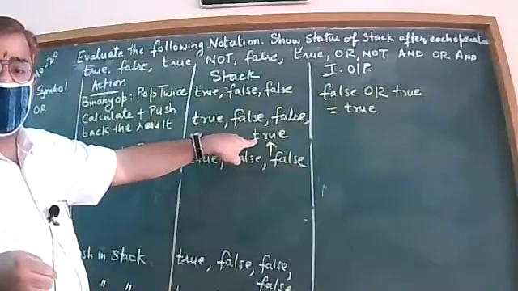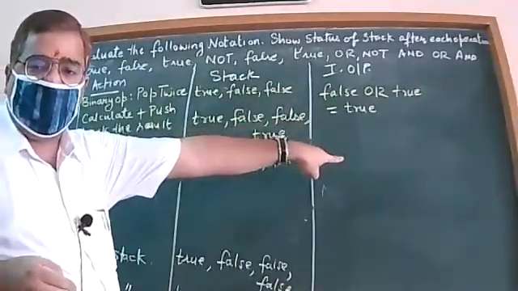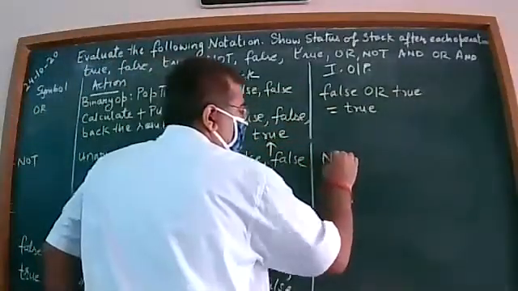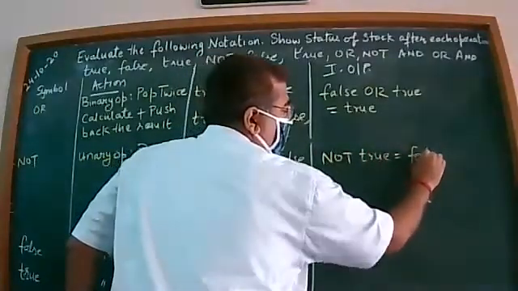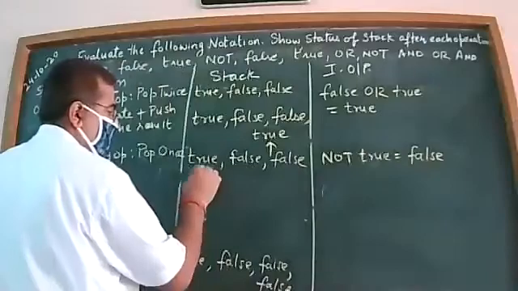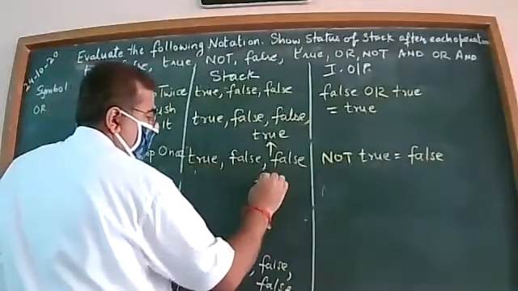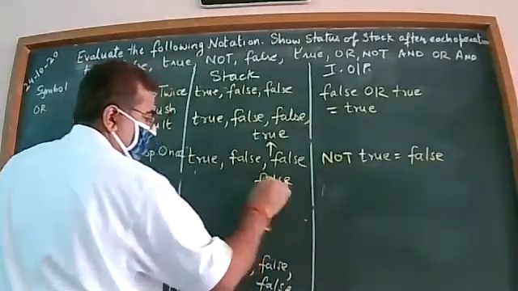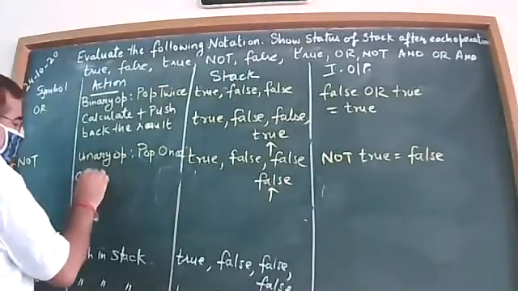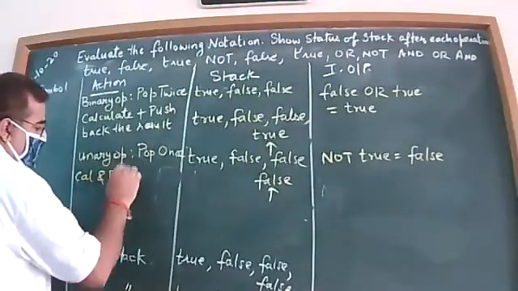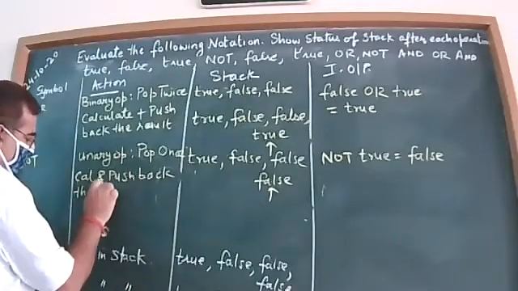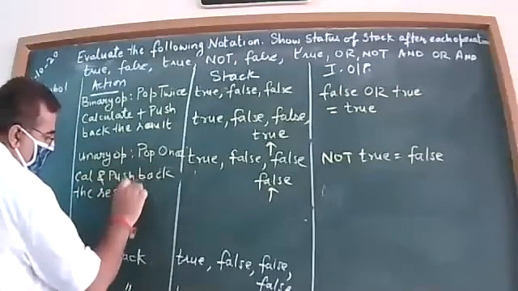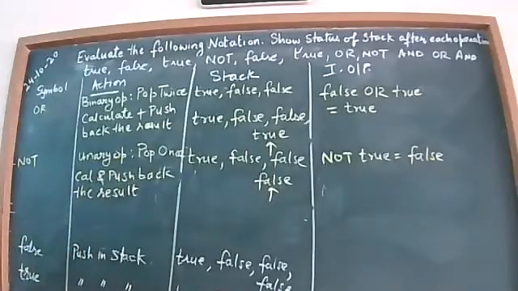This true was lying at the top, so it will get popped over here. Not true. So the not of true is false. So I push back the result over here. Calculate and push back the result. Clear?